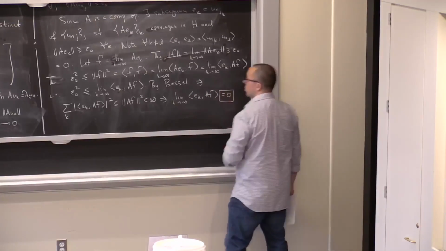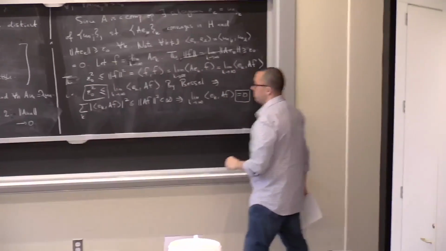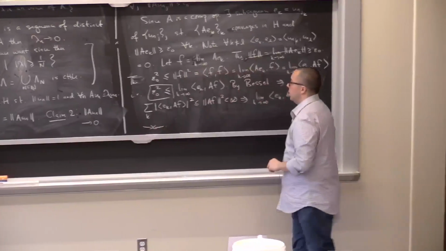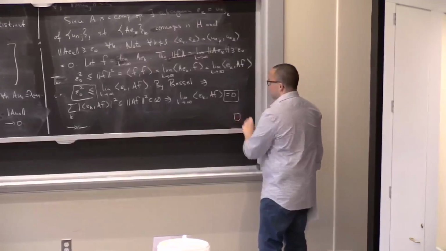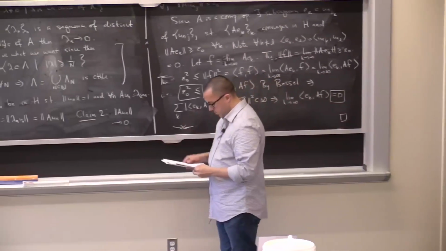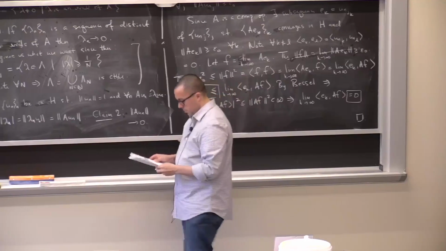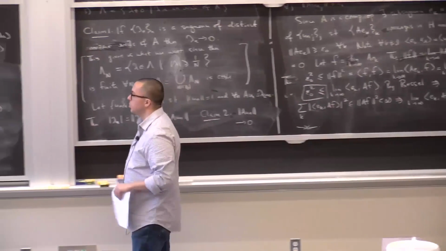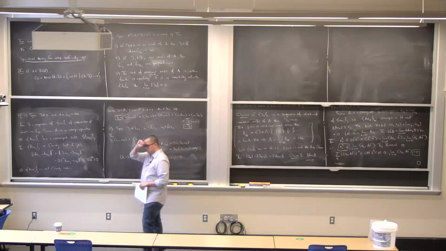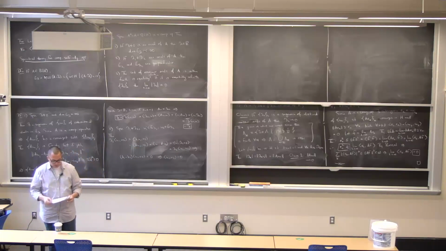But this and this are a contradiction. Okay. So that finishes the proof of this theorem about the eigenvalues and eigenspaces for a compact self-adjoint operator.